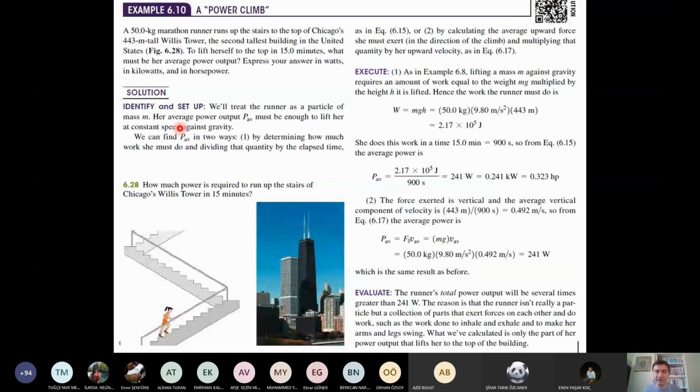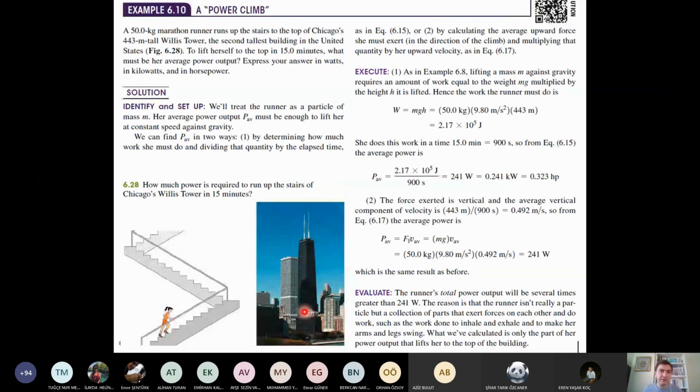So what about the work done by this normal force applied in upward direction? The work is given by N times h, force times displacement. This is the normal force mg times the displacement, the height of the building. So m is given, g we know, and the height of the building is also given. Put them here. Then the work is 2.17 times 10 to the 5 joules.